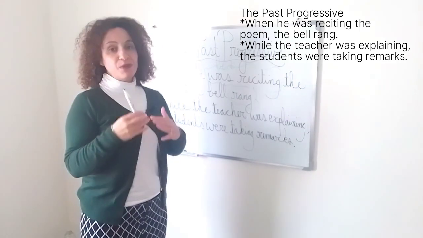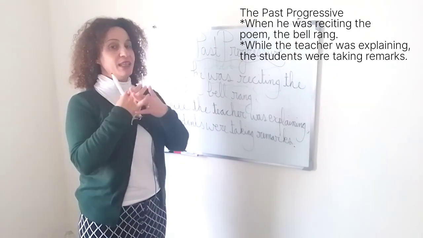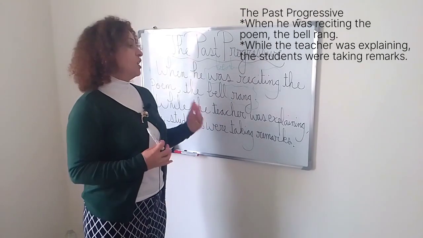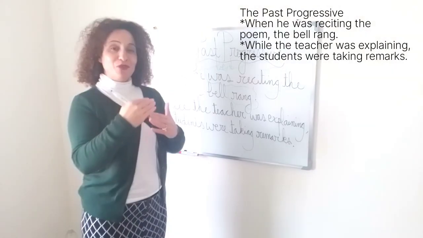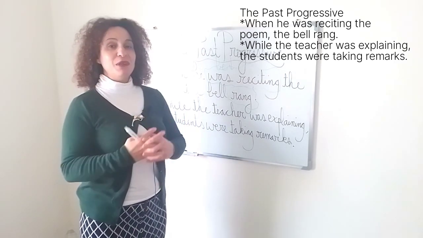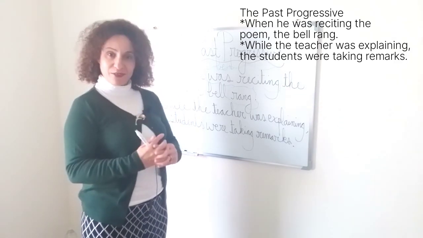The action that happens in a minute is supposed to be in the simple past tense, while the other action that was continuing in the past before it finished, it should be in the past progressive.